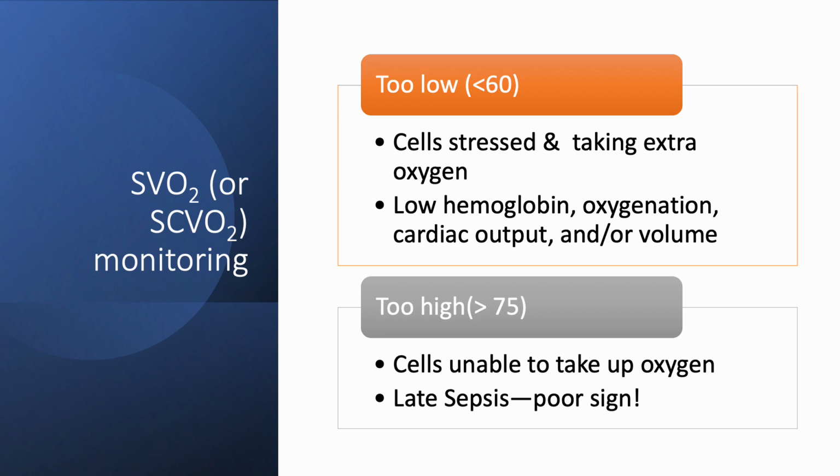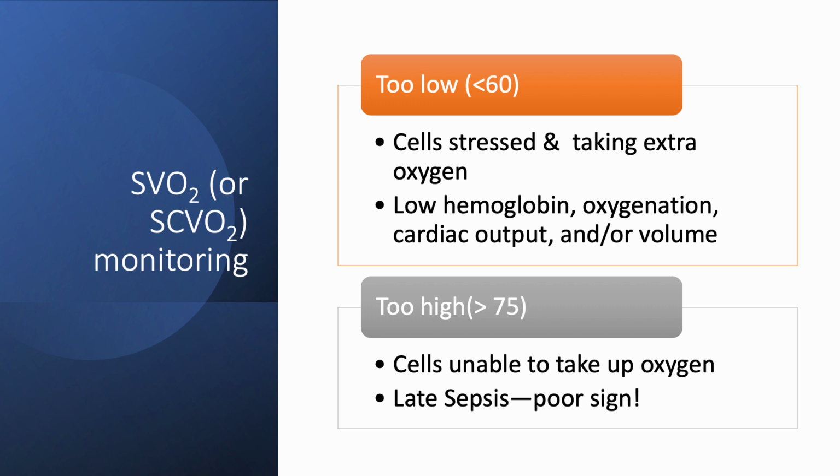SvO2 or ScvO2 monitoring in sepsis is also very important. Too low, if it's less than 60%, indicates that cells are stressed and taking up extra oxygen, which suggests an increased oxygen demand. Possible causes include low hemoglobin, poor oxygenation, reduced cardiac output, or inadequate circulating volume.